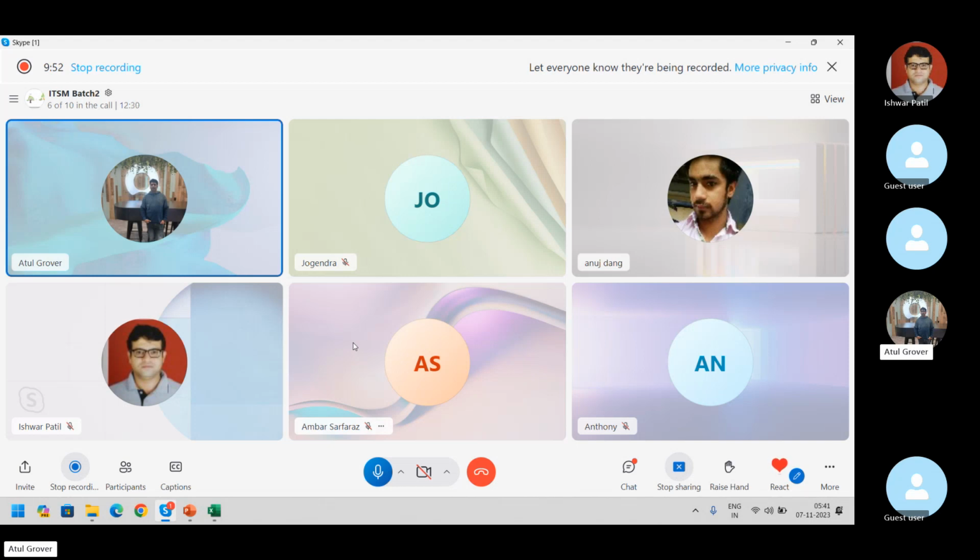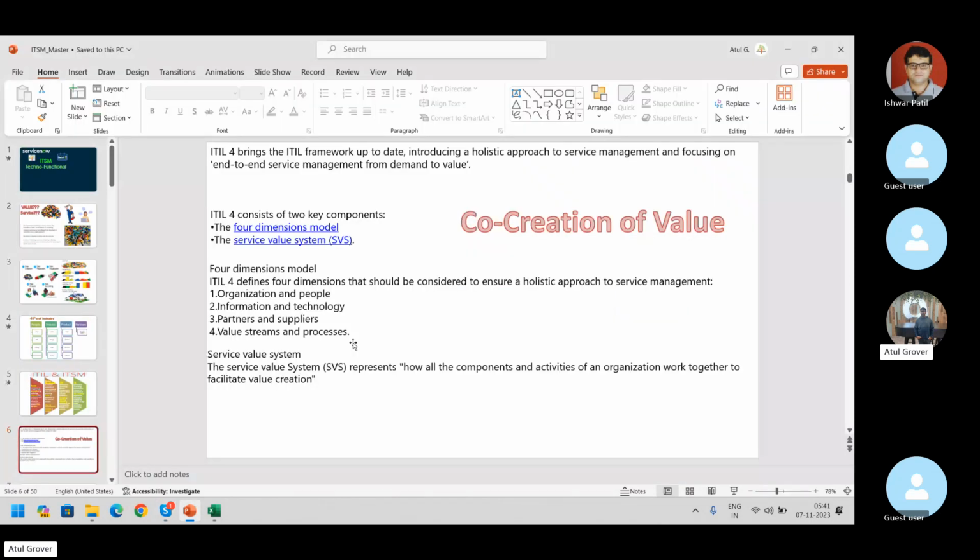You can say it looks like a department, yes, but in the ITIL domain, they are called value streams and processes. So this is what the four-dimension model says.